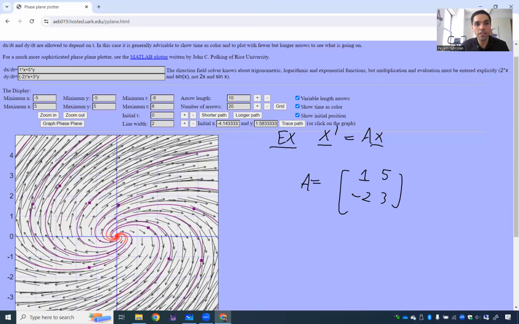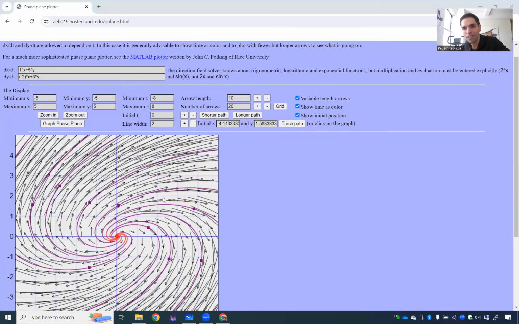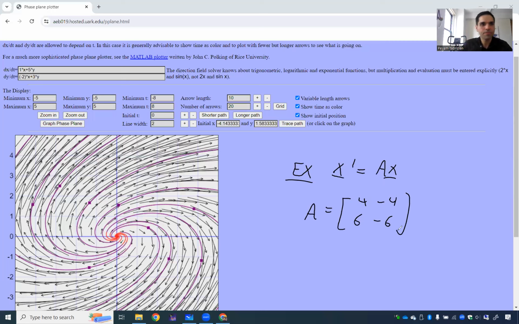And the last case I wanted to consider is 0 eigenvalues, because we haven't really covered this. Let's see. So let's try to do x' = Ax, where A is [4, -4; 6, -6]. And well, in that case, once again, you just change the numbers, 4 times x minus 4 times y, and then 6 times x minus 6 times y.